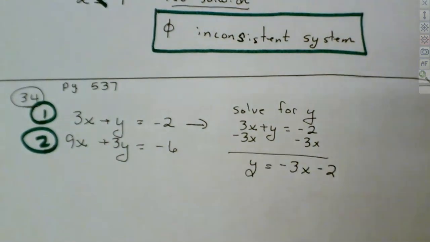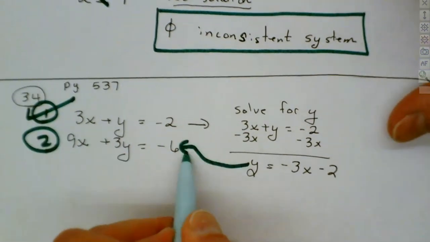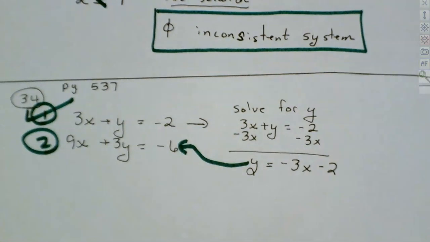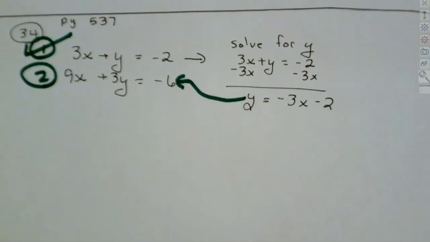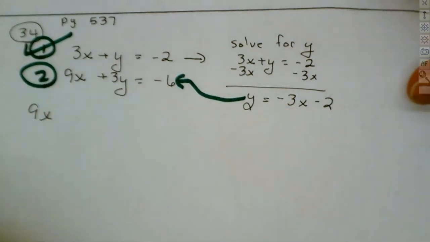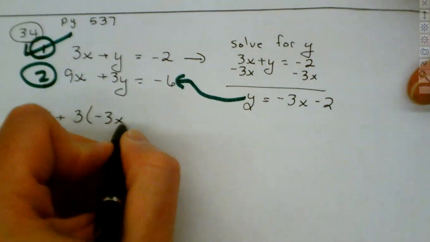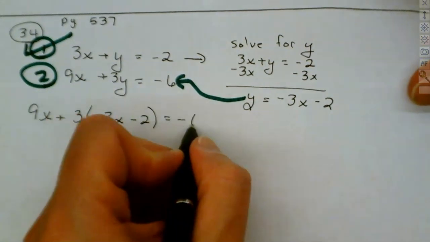And we used our first equation, so take that and plug it in our second equation. It's called substitution because you substitute one variable in for the other. Now, what's going to happen when I do that? We have 9x, then we have a 3 times, y gets substituted with minus 3x minus 2, and that equals your negative 6.